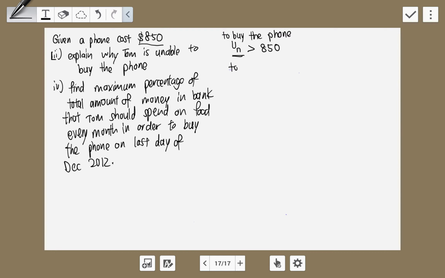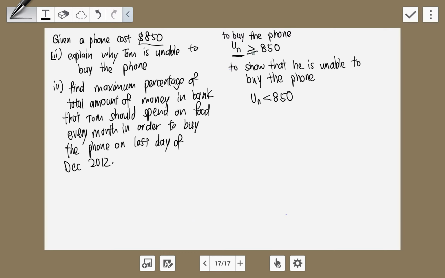So to show that he is unable to buy the phone, I need to show that U_n is smaller than 850.